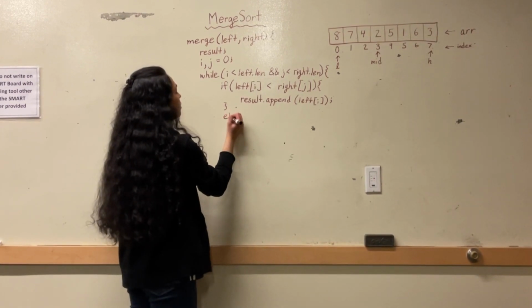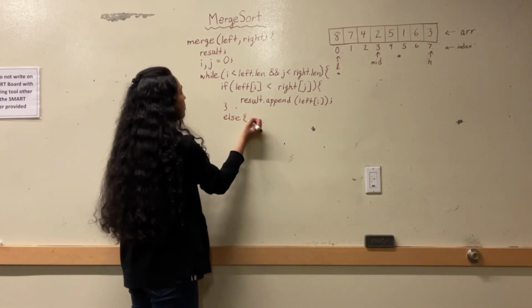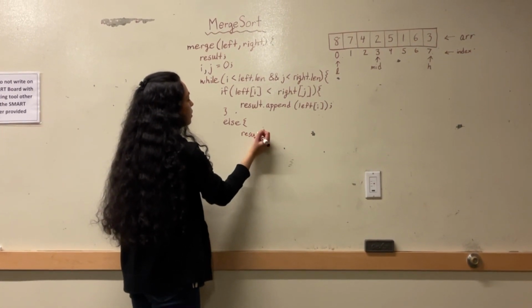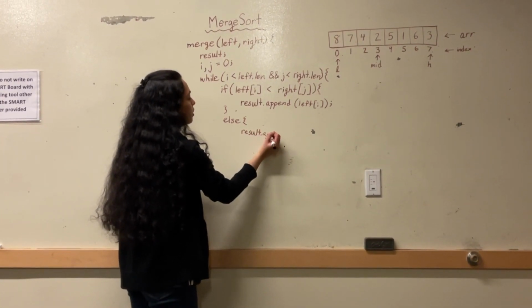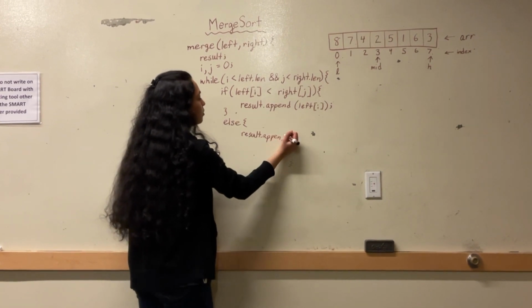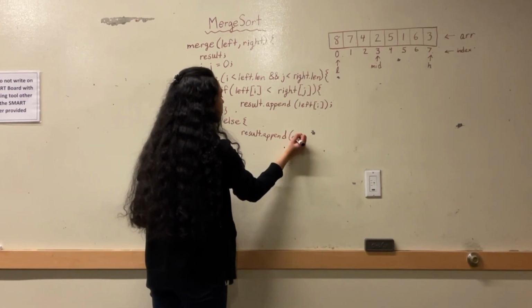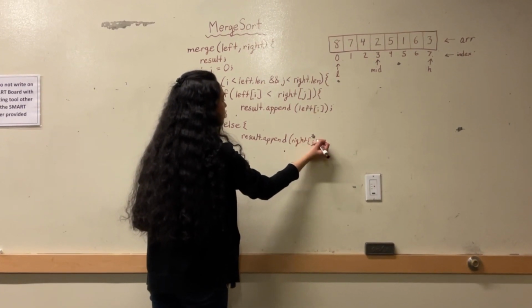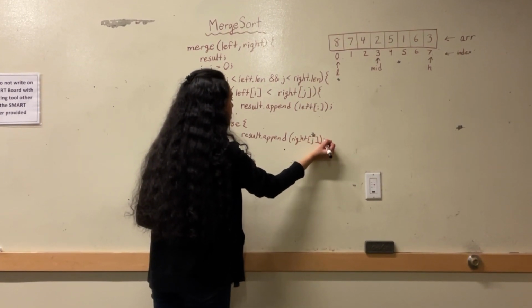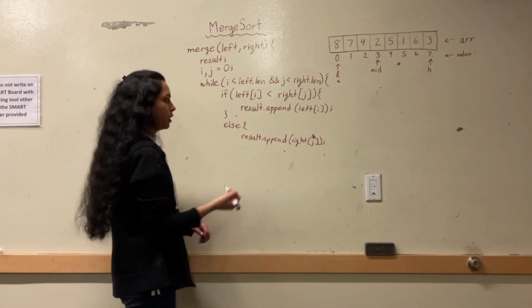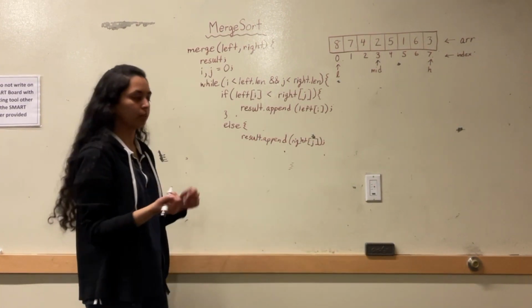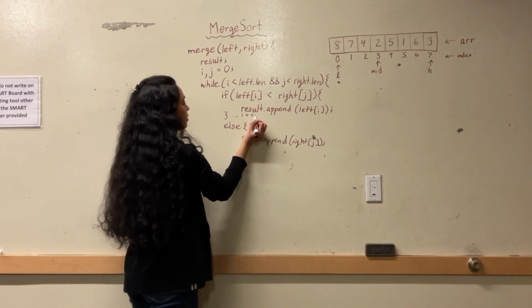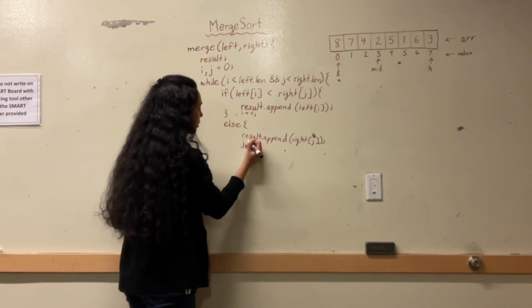And so then we would append the element right at j. And each time you do that, you have to increment the i and j variables. So you would have i++, and in this case you would have a j++.